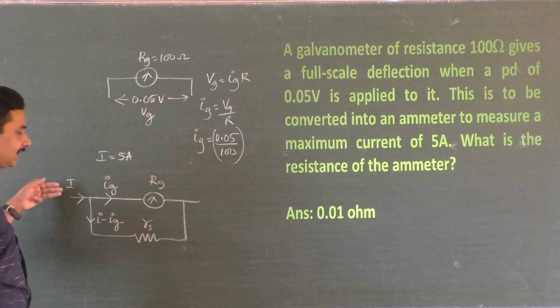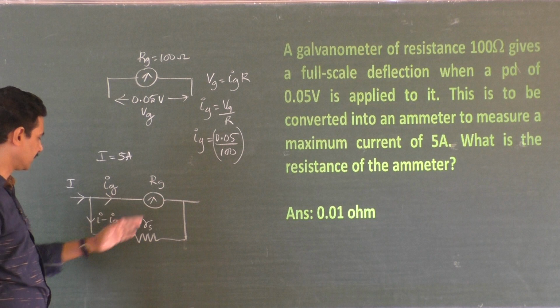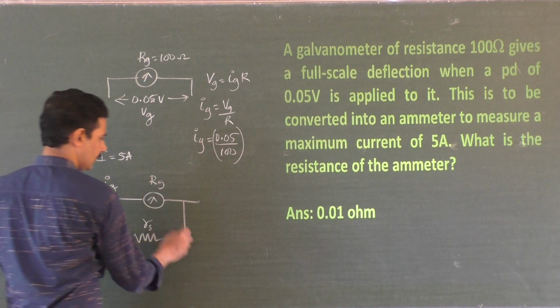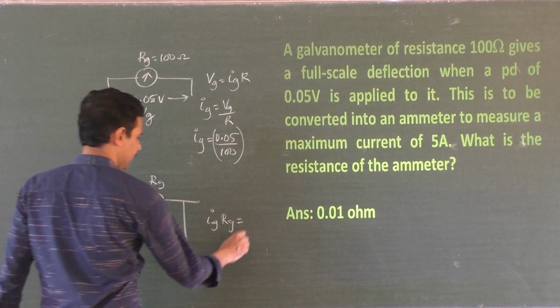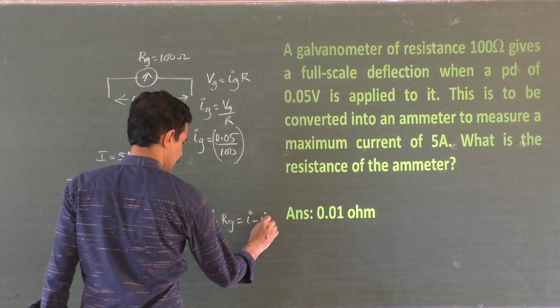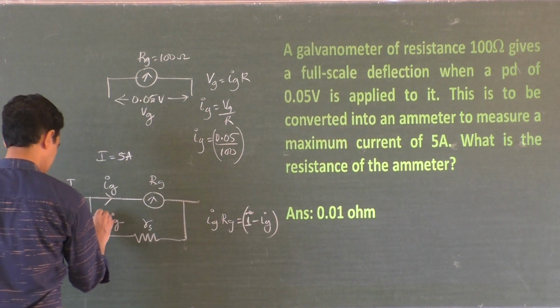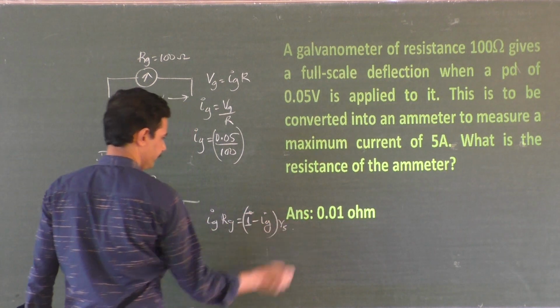So out of the main current, Ig flows through the galvanometer, which produces full scale deflection. The rest of the current is managed by the shunt. And you know, Ig into Rg is equal to I minus Ig into Rs.